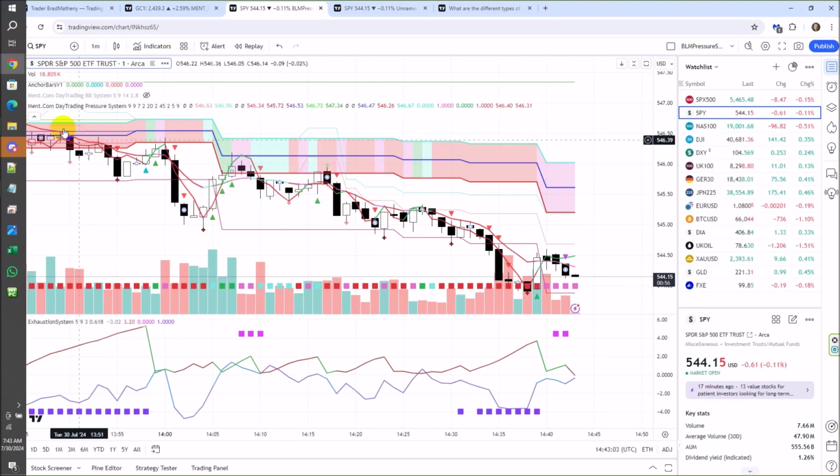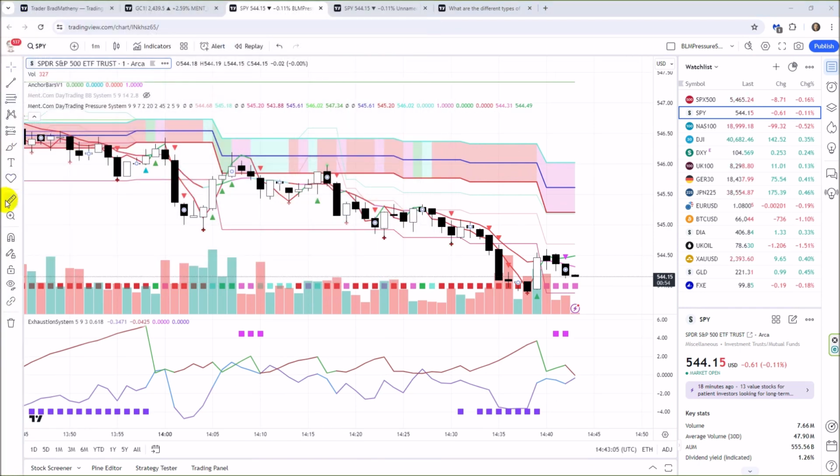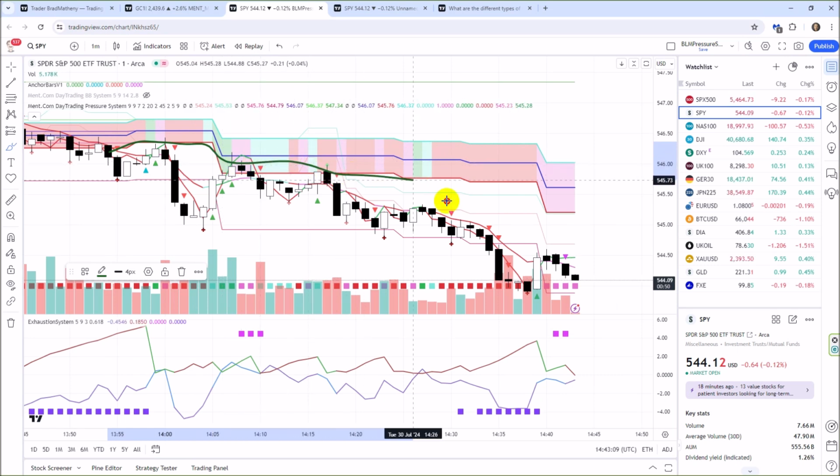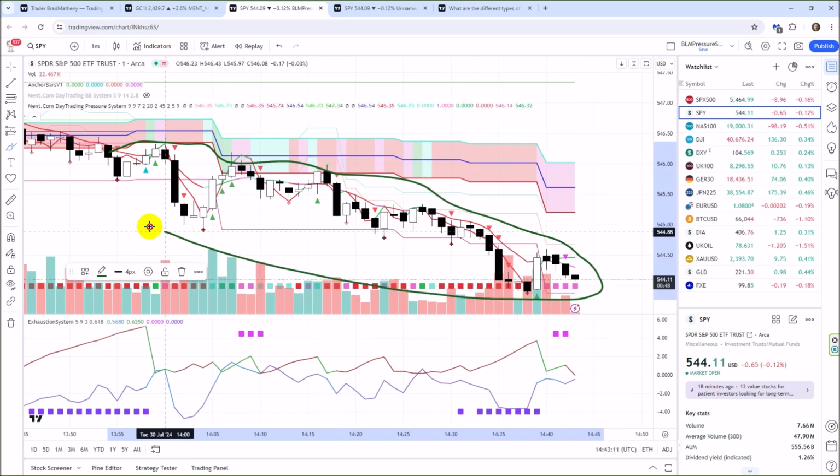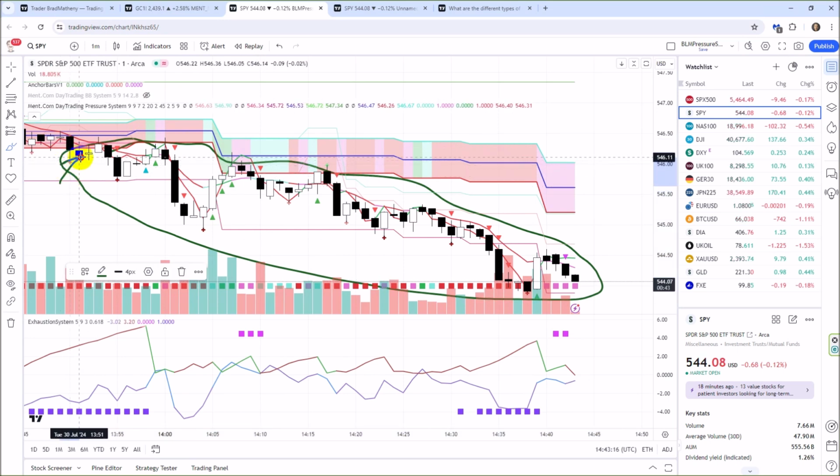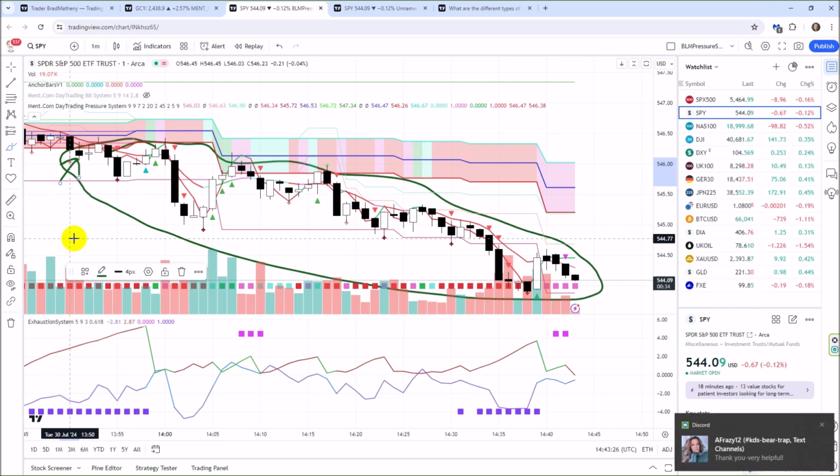So again, this whole area should be considered bearish. All of this, predominantly bearish. Pretty much starting from right there. Predominantly bearish. The opportunity here is to take short trades, not long trades. That's what this is telling us.